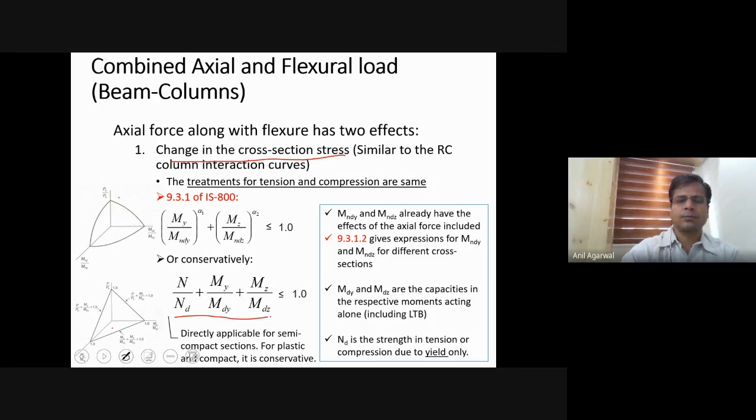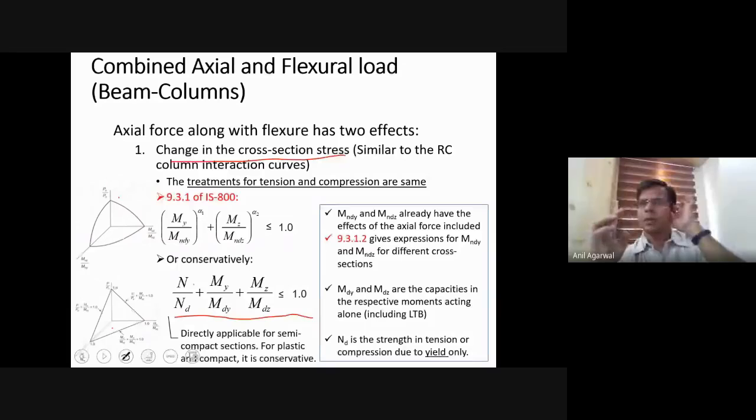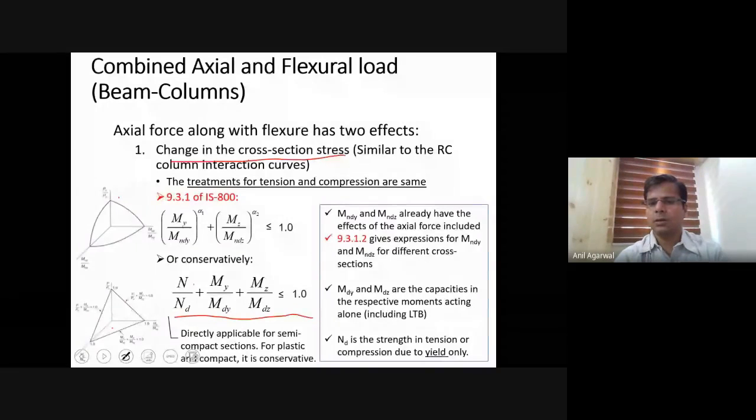This equation is saying that the limit state is reached as soon as the first fiber yields. Your N divided by N_d is the force divided by the axial load capacity of the member. M_dy is the moment capacity for yielding in one axis, and M_dz is the moment capacity acting in the Z axis, and that includes the LTB effect, lateral torsional buckling effect.